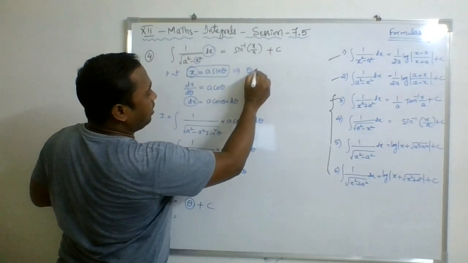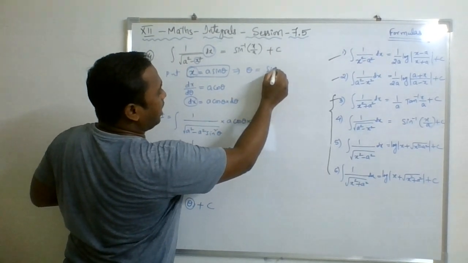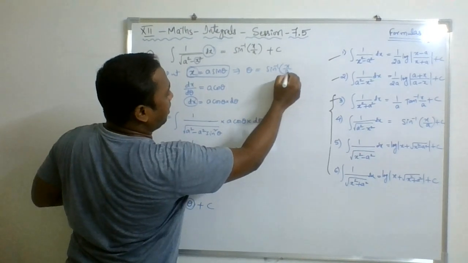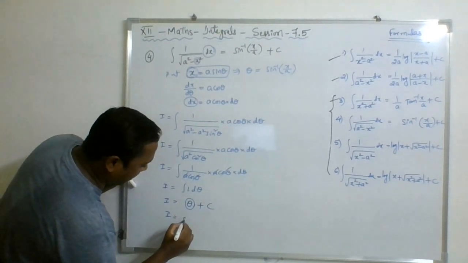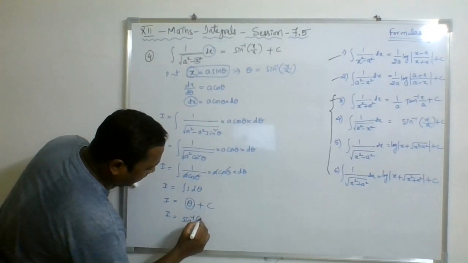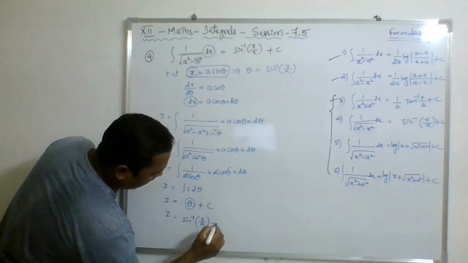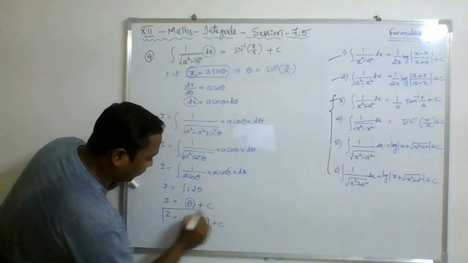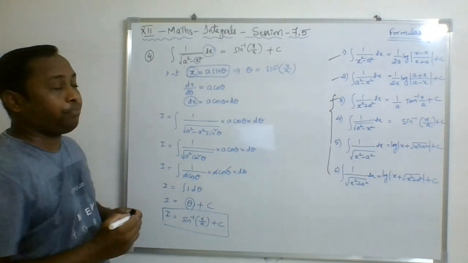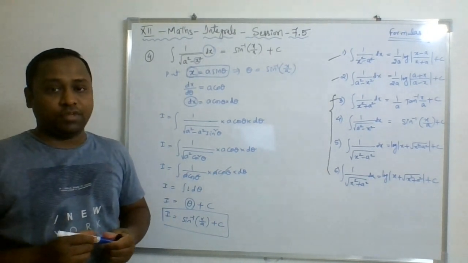From here, theta can be written as sine inverse of x by a. So hence the final answer would be sine inverse of x by a plus c. You got the formula. So this is the derivation of this formula.